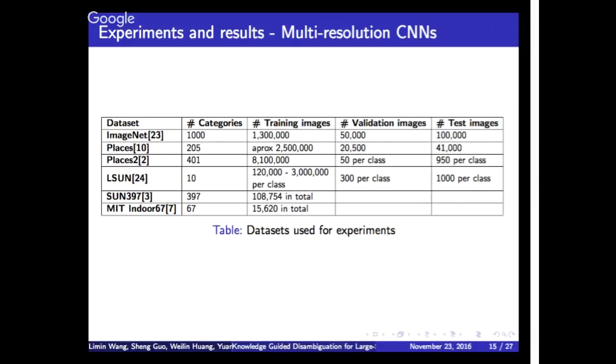Finally, I'm going to comment on the experiments they made and the datasets they used. They used ImageNet and Places basically for the extra networks, and Places and LSUN as the objective datasets. Then they used SUN 397 and MIT Indoor 67 to test the generalization.